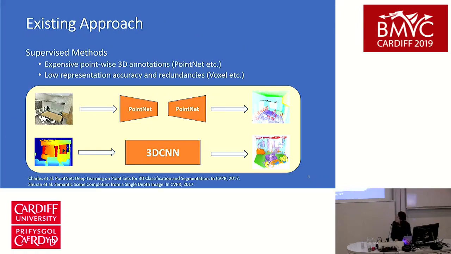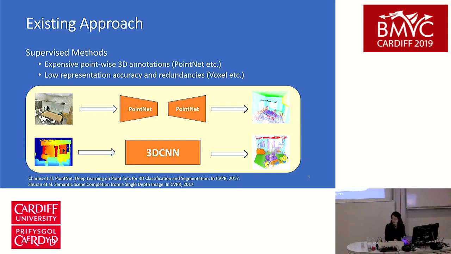So for the existing approaches, it is mainly supervised methods. We have 2 examples. Both papers were published in 2017 in CVPR. The first example directly inputs the 3D point cloud, using PointNet with an encoder and decoder.